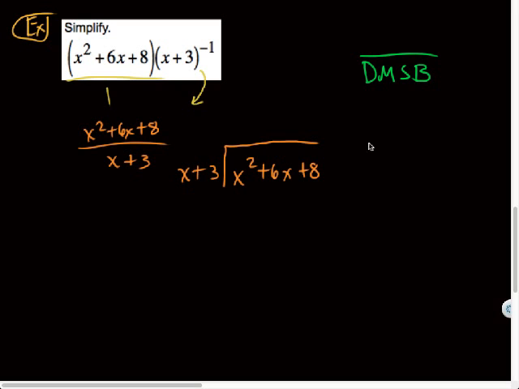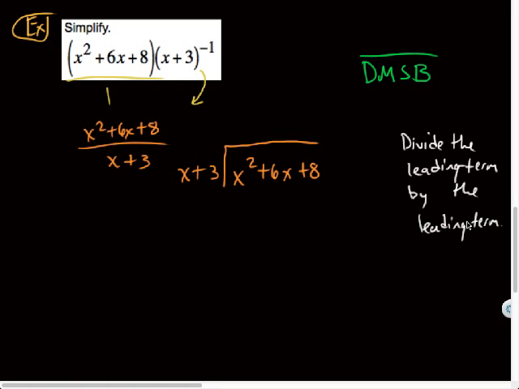Yeah. So let's divide. Now, for the divide step, here's my little tip. Divide the leading term by the leading term. So when I'm figuring out the division here, I'm going to figure out x squared divided by x.